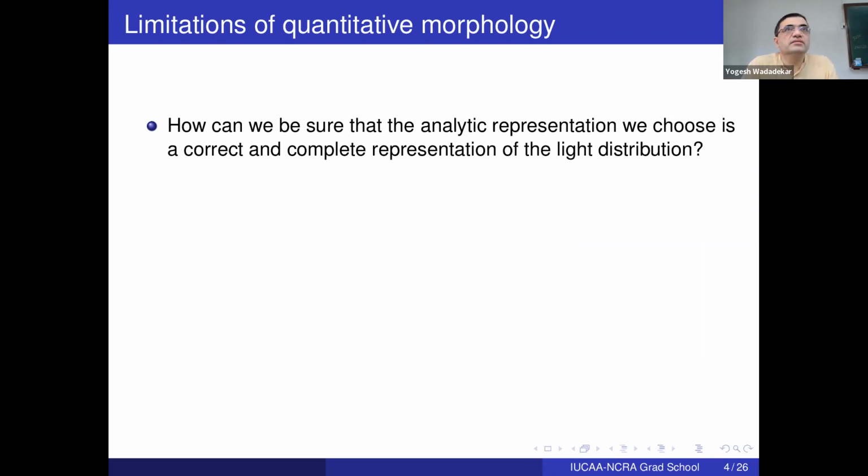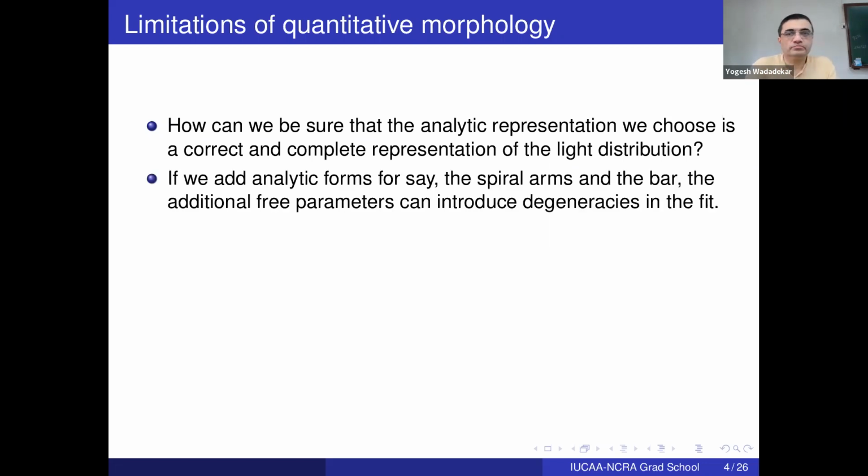Or it's a double exponential disk and we have used only one function to fit the entire disk. So it may not be correct, it may not be complete representation of the true light distribution. And as we already saw, if we try to add analytic forms for spiral arms in the bar, the additional free parameters can introduce degeneracies in the fit.